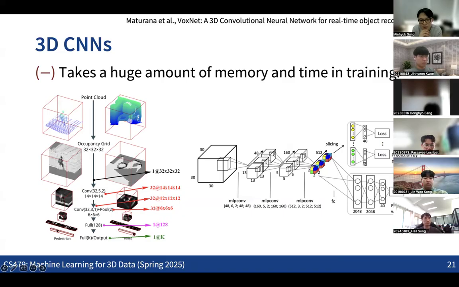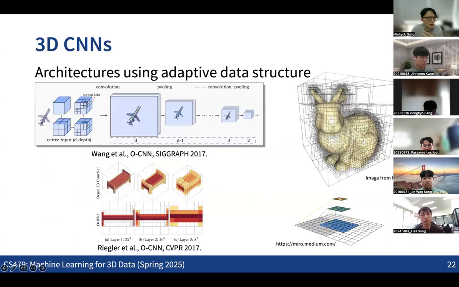To address this issue, there was some research. The first direction was an adaptive representation, in which we have bigger voxels in the empty space.